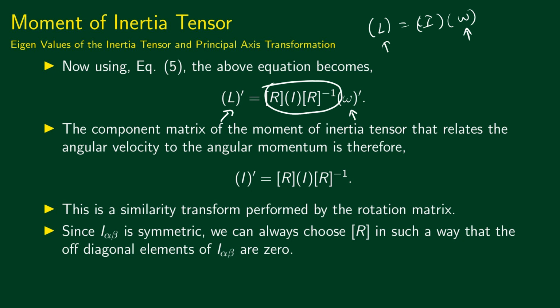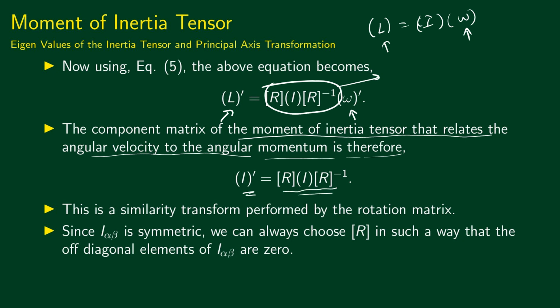This means that R I R inverse gives the elements of the moment of inertia tensor in the rotated coordinate system. So the component matrix of the moment of inertia tensor that relates the angular velocity to the angular momentum is therefore I prime is equal to R I R inverse.